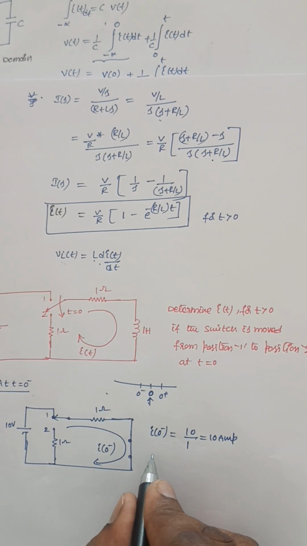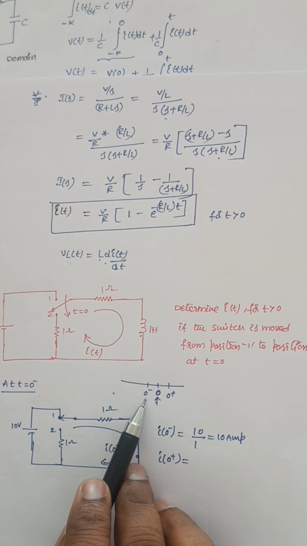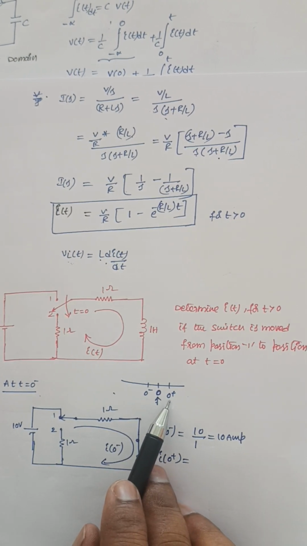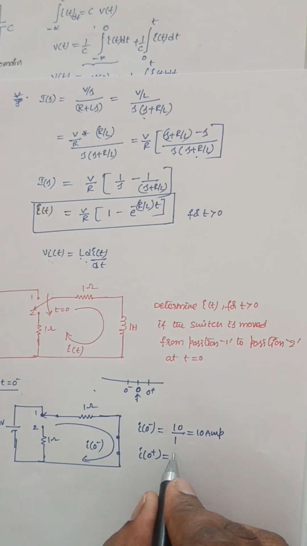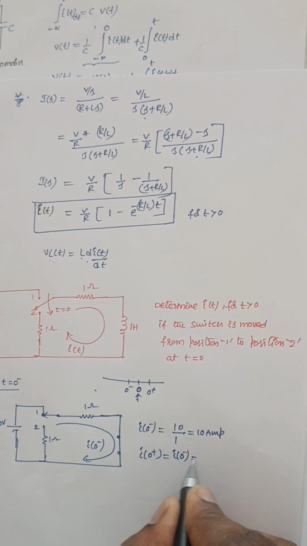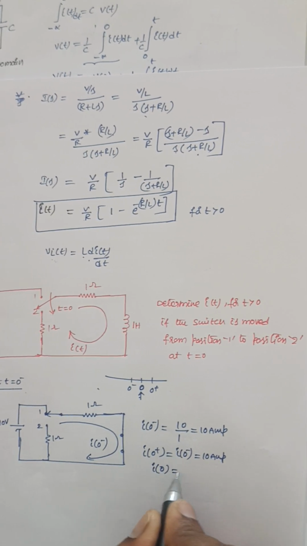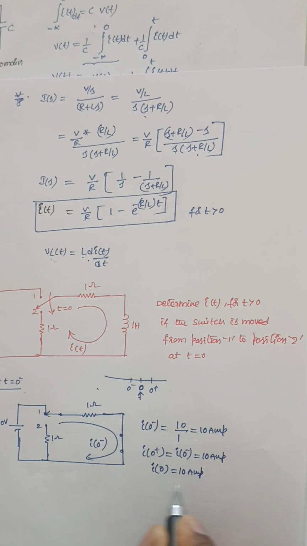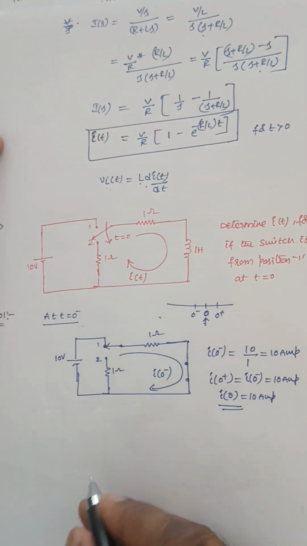And we know that whatever current is flowing through the inductor at t is equal to 0 minus, the same current will flow through the inductor at t is equal to 0 plus, and at t is equal to 0 also. So finally I of 0 is equal to 10 amperes. Why I need to find this I of 0, we can understand now.